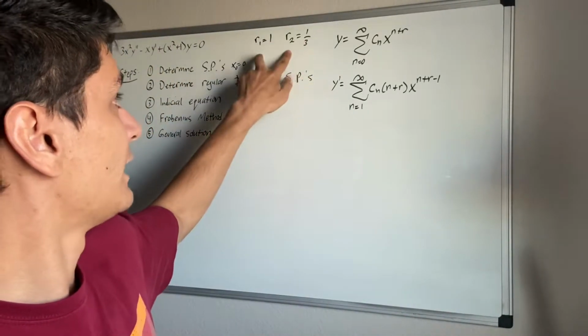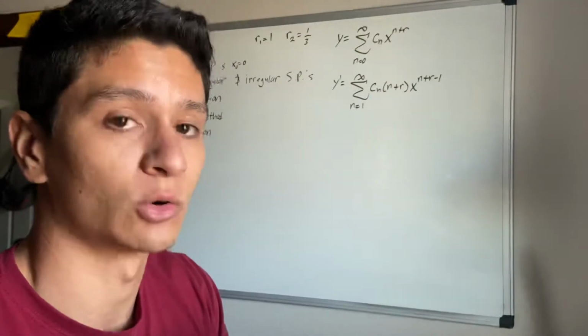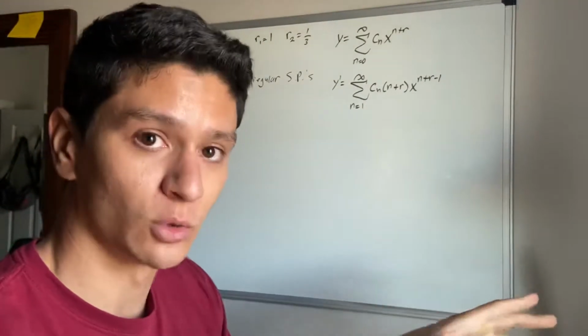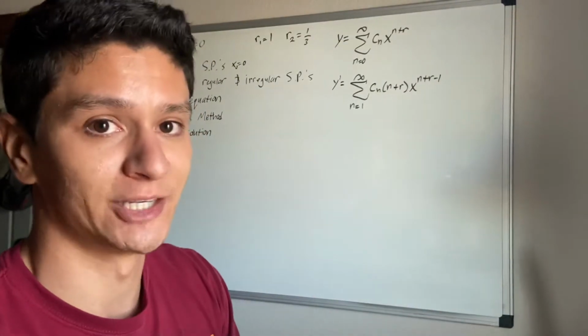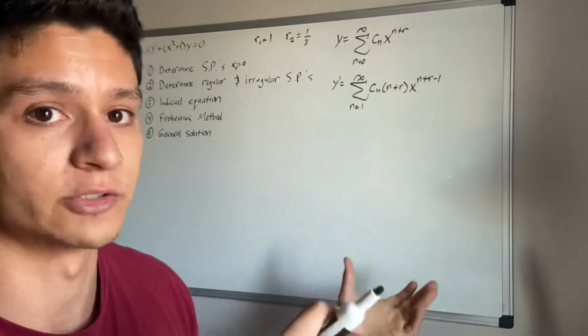But since we already have r1 and r2, we don't have to worry about having a lowest power of x with every coefficient in front of that being set equal to 0. So that's why we can shift the indices up every time we take the derivative.